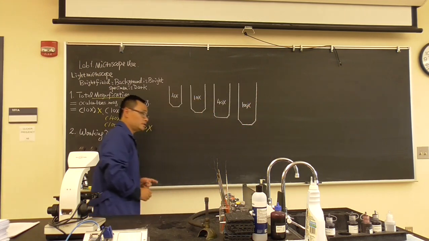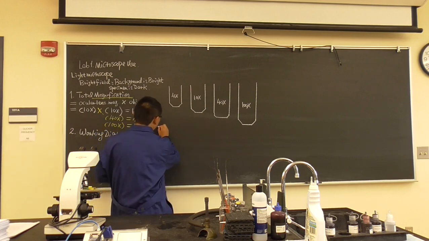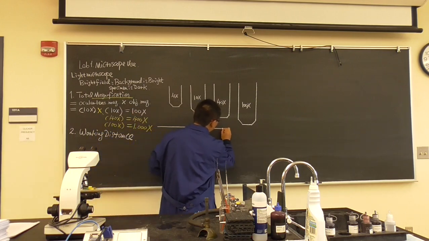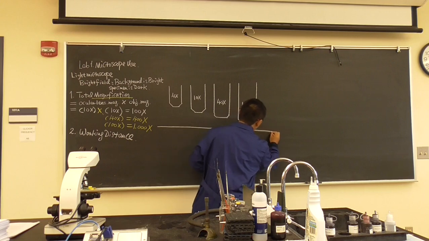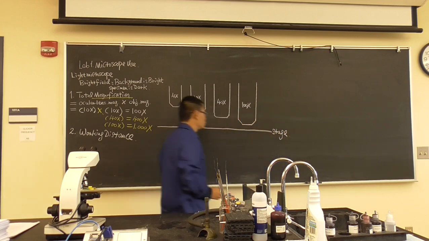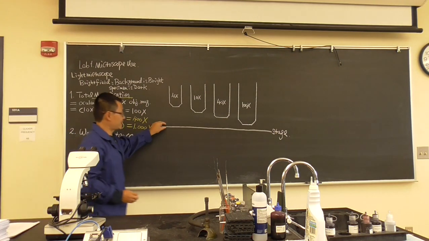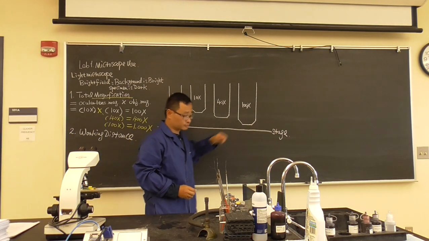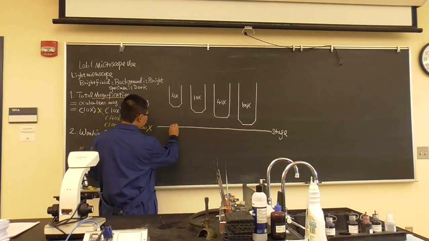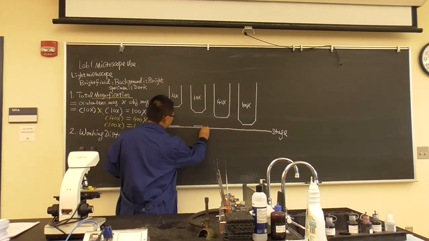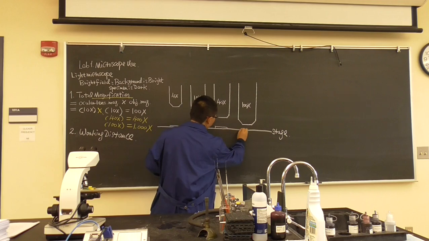And underneath the objective lens, there is a stage. The stage is the specimen control place. We could put a glass slide there, then do the observation.